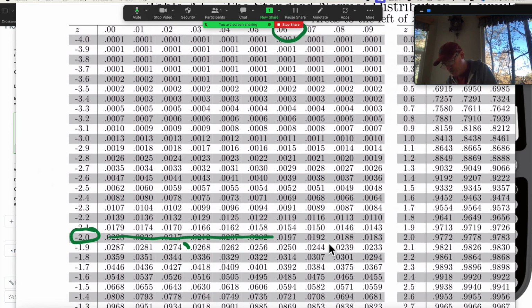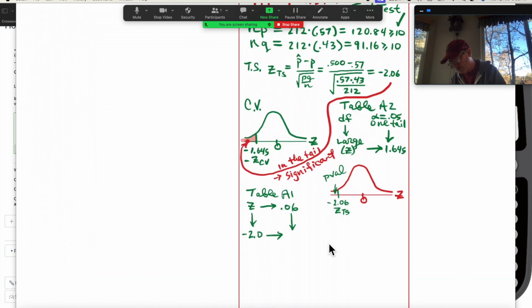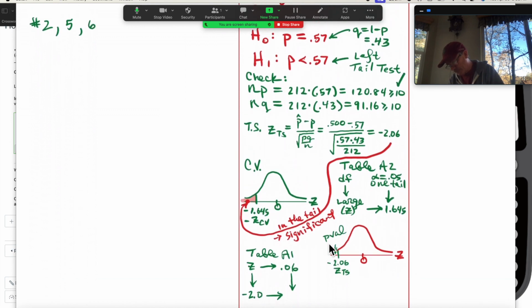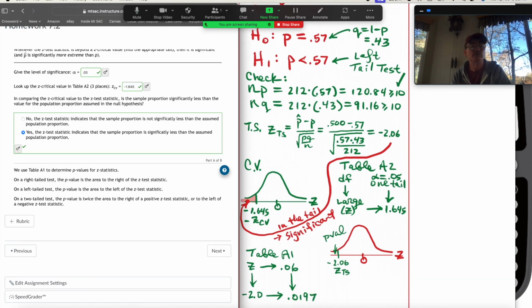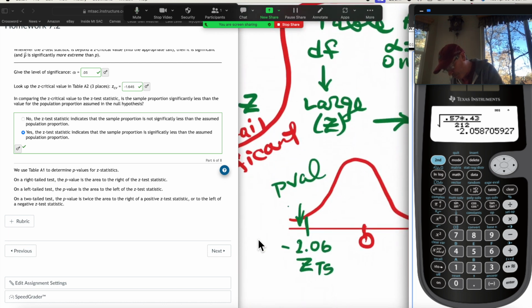And so it looks like we have 0.0197 there. So I'll go ahead and set that up here. 0.0197. Okay, and let me go ahead and label this on my little diagram here. 0.0197 is our p-value. That's the area to the left.